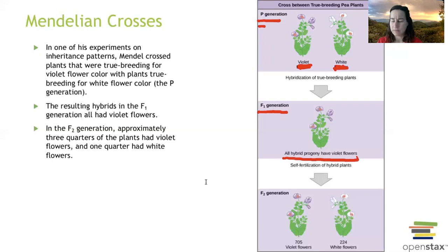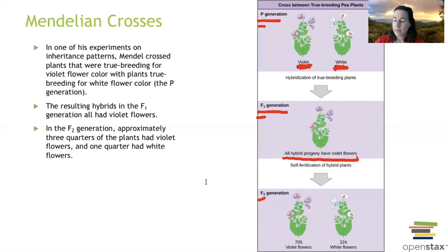Let's see what happens if we take all of those first gen babies and breed the first gen with another first gen. So we breed an F1 with an F1. What happens when we put those two together? We end up with the F2 generation, which are basically the grandkids.